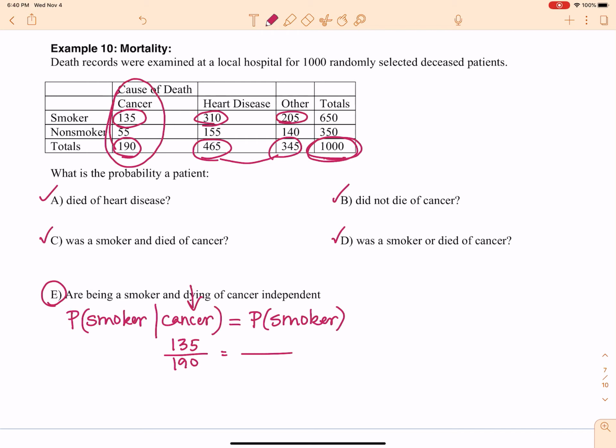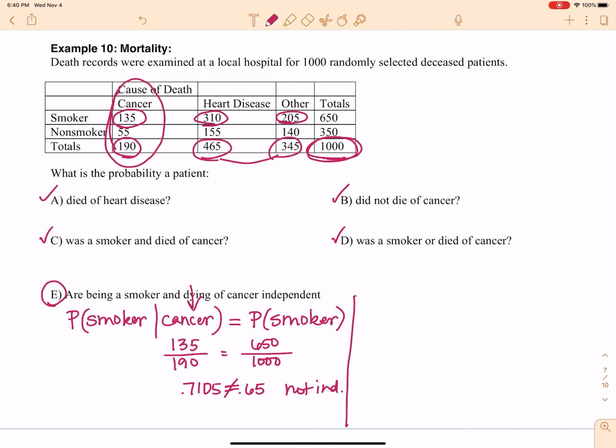Over here, the probability someone is a smoker, so that's 650 out of 1,000. All right? Guess what you're going to find? You're going to find again that these are not equal to each other because these are not independent of one another. All right, so again, these are not equal, so they're not independent. You get the same result regardless of how you set up the problem.